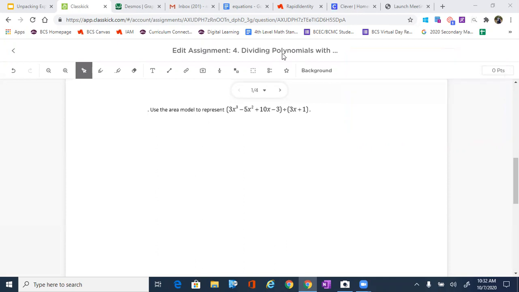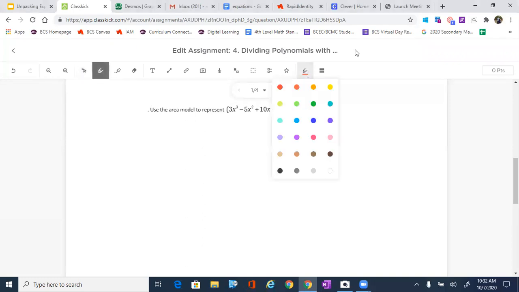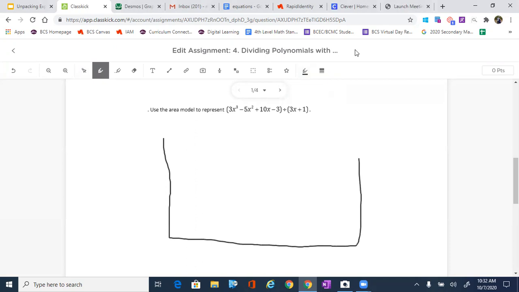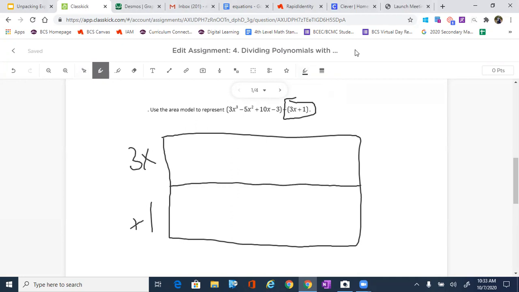I'm going to start by drawing the area model out because that's going to make our lives a lot easier when we divide polynomials. I do that just by making a big gigantic rectangle, and then I take the divisor 3x plus 1 and place it on the side, and then I divide it right in half there.